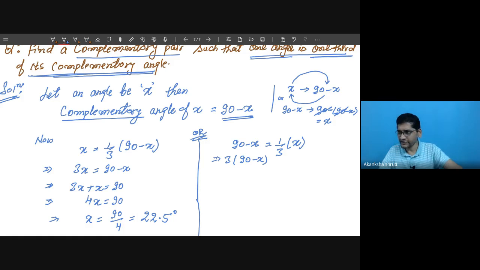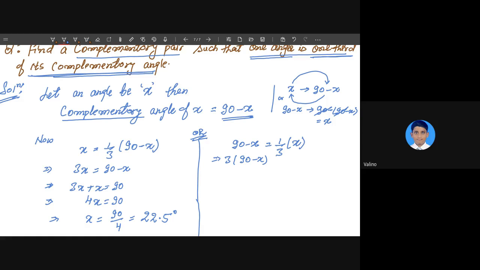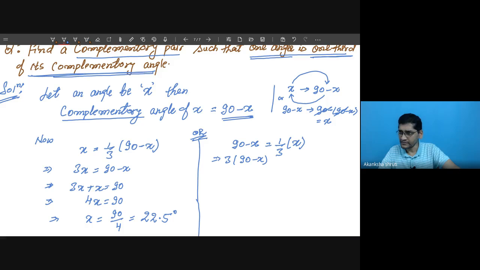Which value? X value is 22.5. Yes, sir. Again X value is 22.5. Is it okay? Yes, tell me, you only said 22.5. From this method, X is also coming 22.5. Do you mean that?